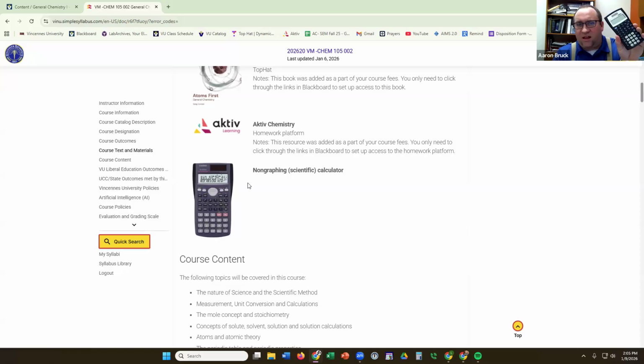And then there's the TI-30X2. This is probably the more common one. If you're used to using a TI calculator from college algebra or from calculus, this is going to probably look the most similar to what you're used to.